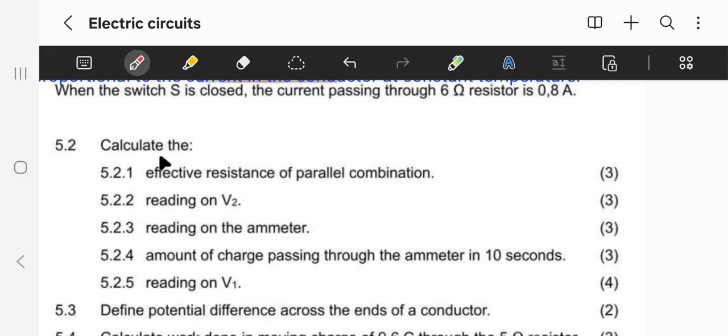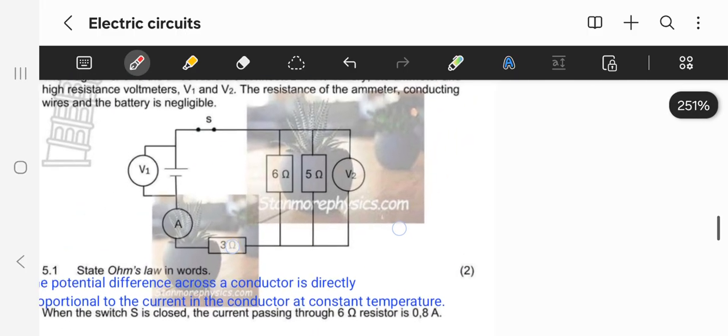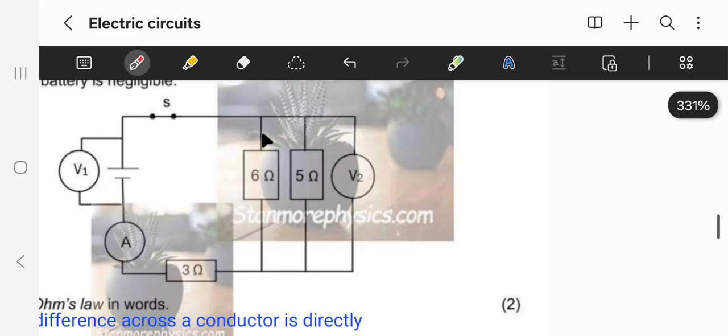So guys, the first question here says we have to calculate the effective resistance of the parallel combination. And the effective resistance is basically the total resistance, the overall resistance in terms of the parallel connection. So this is how we are going to do that.